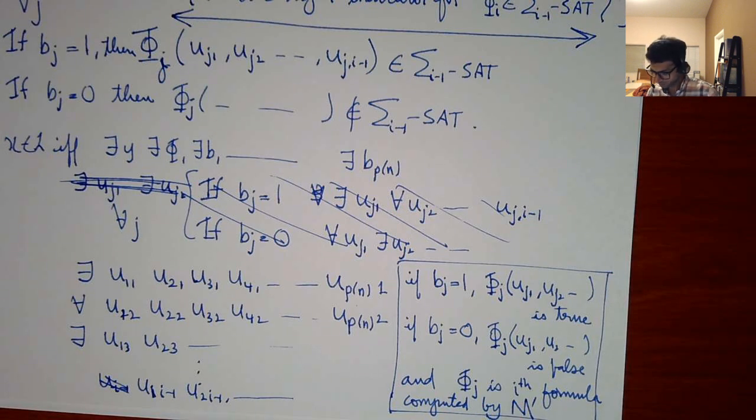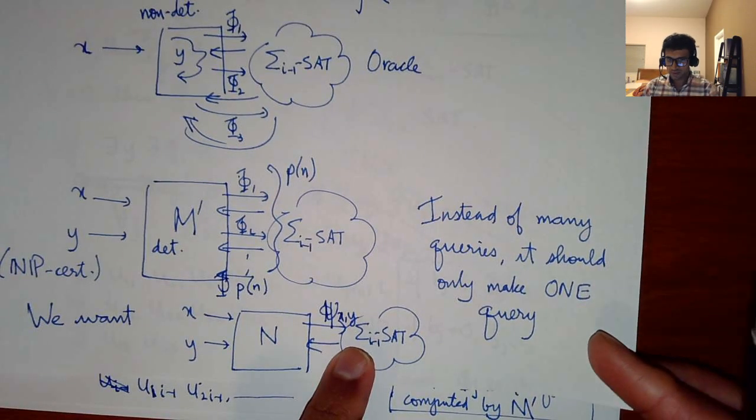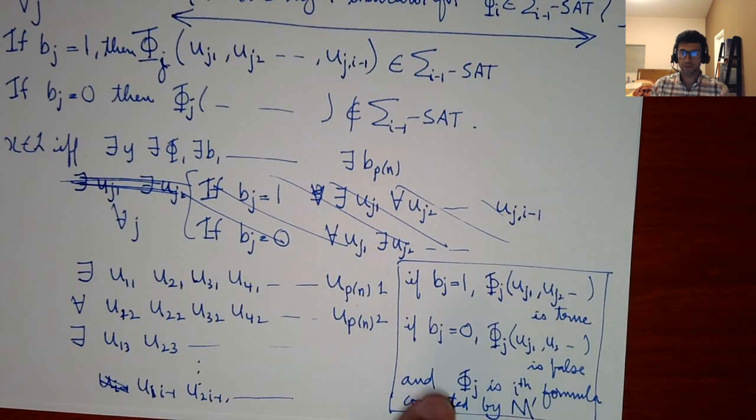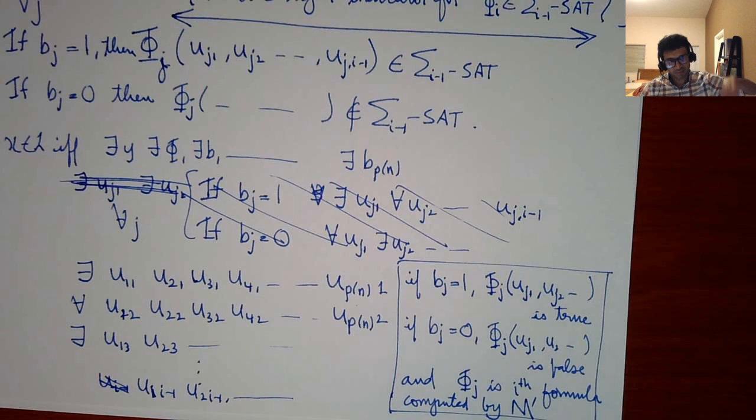Wait, so in the end, we're not doing only one query to the... Yeah, it's not really one sigma I sat query. It's actually running a Turing machine here. But then remember that because sigma I sat is complete, you can convert this to making one query. Wasn't the original problem that we were not making one query?